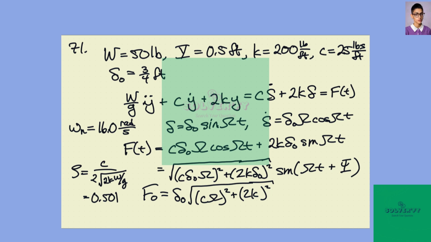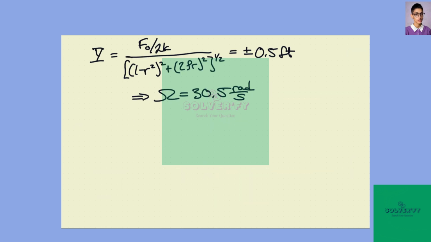We can also figure out the damping ratio from the information we were given, and that is 0.501. So actually this is quite a bit of damping. Now we can find the amplitude. The amplitude of the response is the amplitude of the excitation divided by the equivalent stiffness, which is 2k in this case, all divided by this square root term, which is the square root of (1 minus r squared) squared plus (2 zeta r) squared.